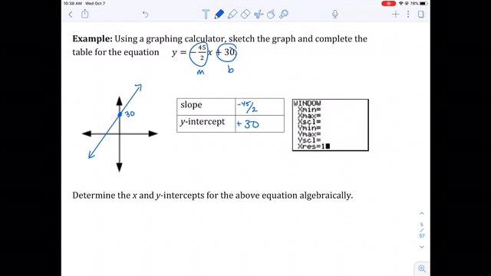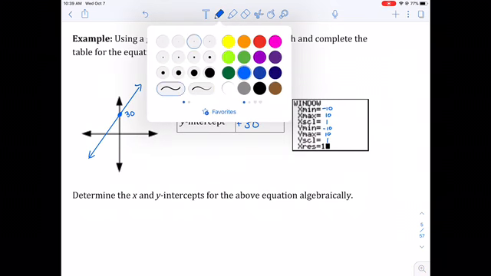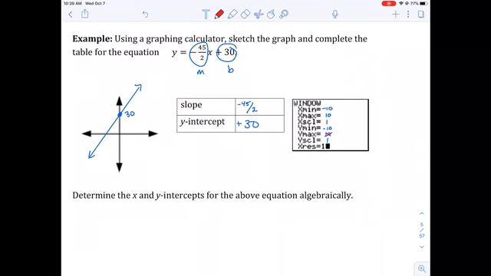In order to see that y-intercept, initially our standard window was -10 to 10, and our scale was 1. But we changed this y max so that we could see farther up, because our y value was initially 10, which we would have only seen up to that point right there. So we changed that to a positive 30.